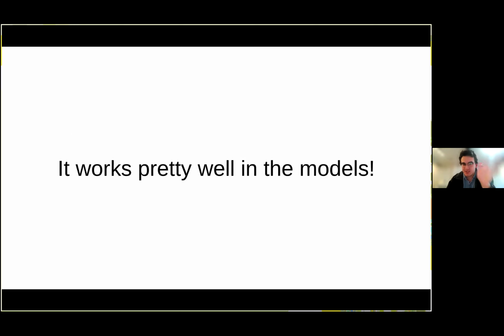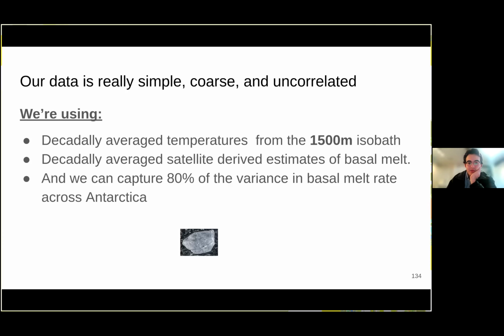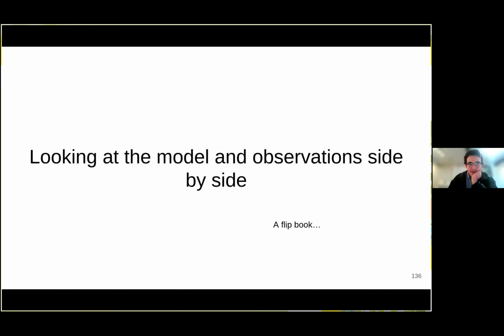That's because we saw it work pretty well in the models, and so that's heartening. And the data we're using is simple, coarse, and uncorrelated, right? We're using this decadally average temperature and decadally average satellite derived estimates, and we're seeing this pretty nice relationship. That's cool. But I included a grain of salt.